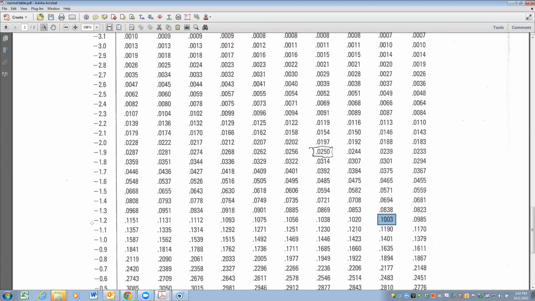And I notice that that is at a value of minus 1.28. Because of symmetry, that gives me 1.28. So the z-scores that go with the bottom 10% and top 10% are minus 1.28 for the bottom 10% and plus 1.28 for the top 10%.